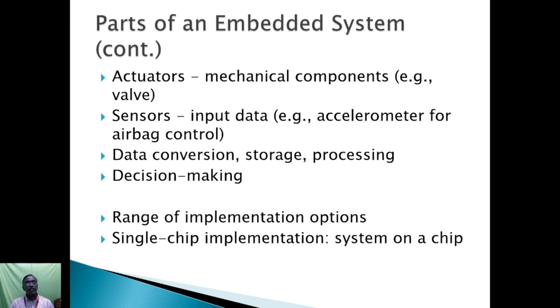Then decision making. Decision making depends upon the collision rate. We can make decisions depending on the conditions, for example in a camera.